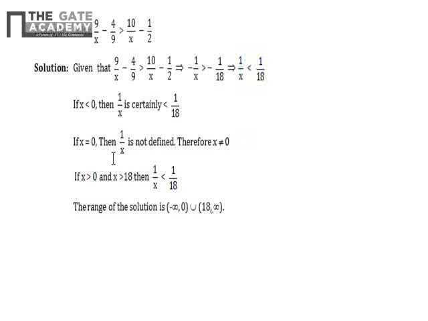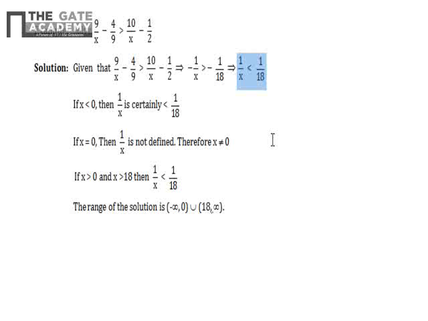Now if we put x as a positive number greater than 18, this inequality will hold true, but for a positive value less than 18, it will not hold true. So we are getting a mixed solution set.